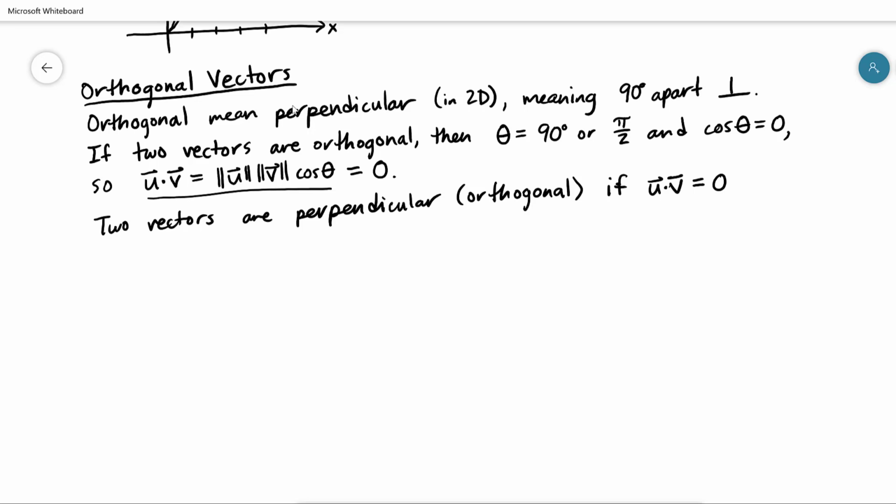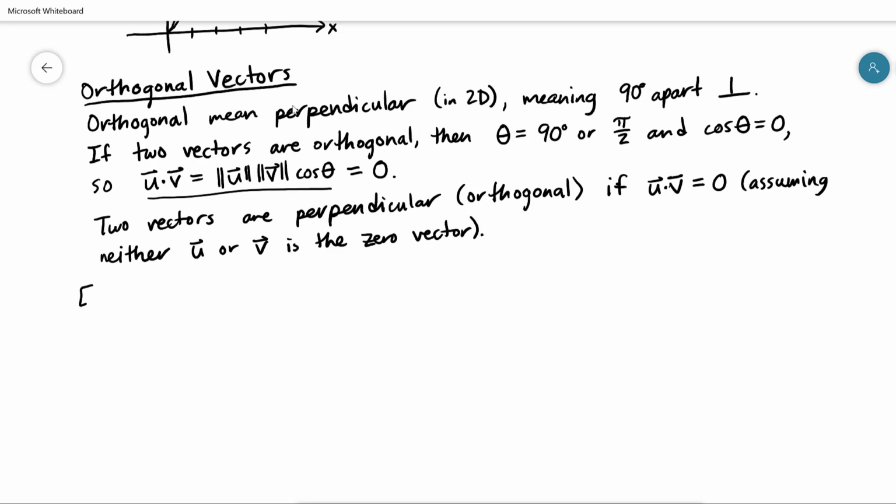The other way that this could happen is if one of the two vectors themselves was the 0 vector. So let me put that in here in parentheses: assuming that neither u nor v is the 0 vector itself. So if you're given two vectors, neither of them the 0 vector, and you take their dot product and get 0, it means those two vectors are orthogonal.